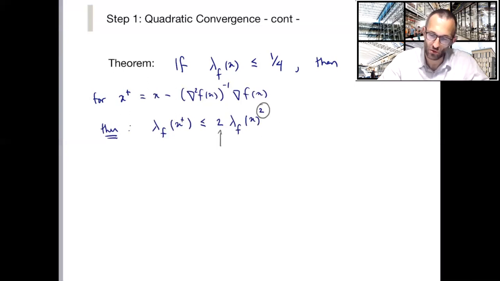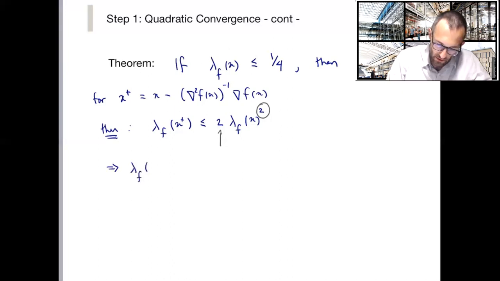So what you can show, very similarly to what we did for Newton, is that if we take k steps of Newton's method, then we get to x_{k+1}, and this is going to be bounded by 2 to the 2 to the k of lambda f of x1 raised to the 2 raised to the k.